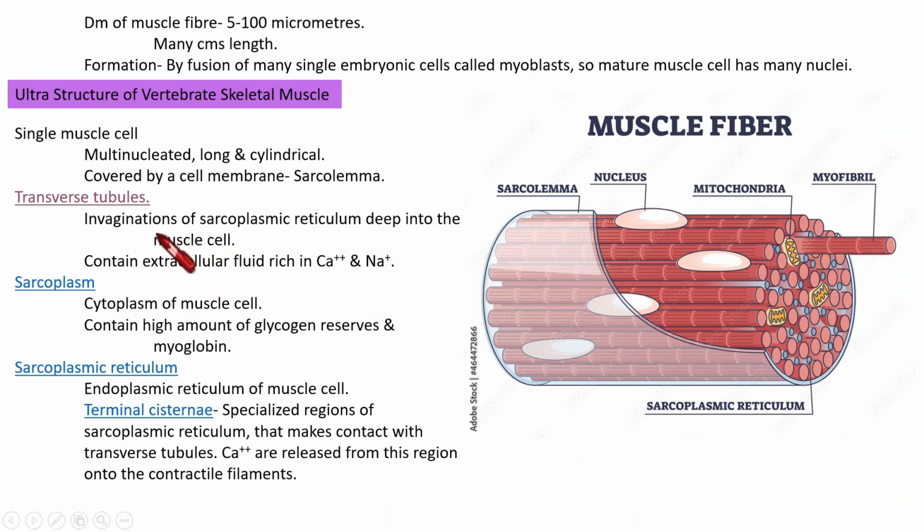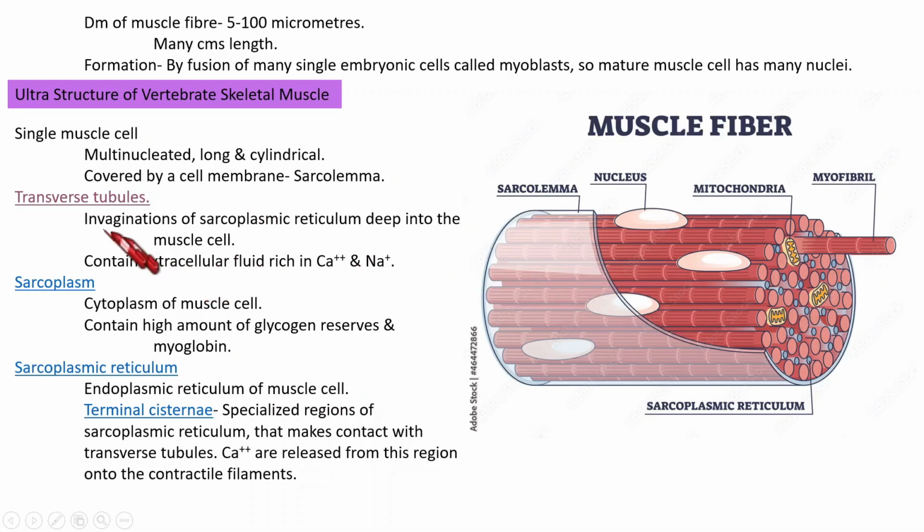Okay. And what is the peculiarity of those transverse tubules? They contain extracellular fluid, because the sarcolemma invaginated and created those transverse tubules. That's why extracellular fluid can percolate through that invagination.